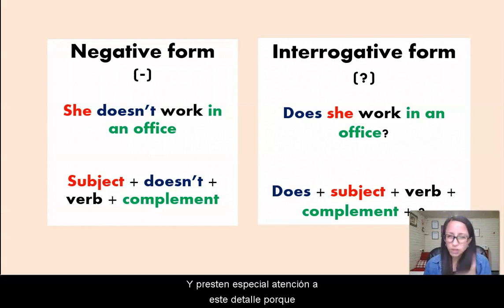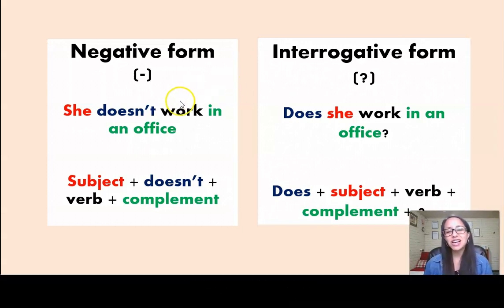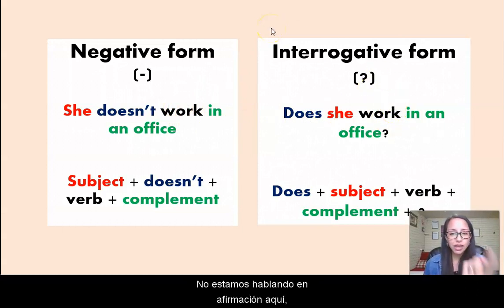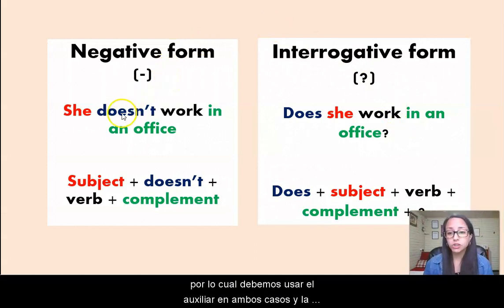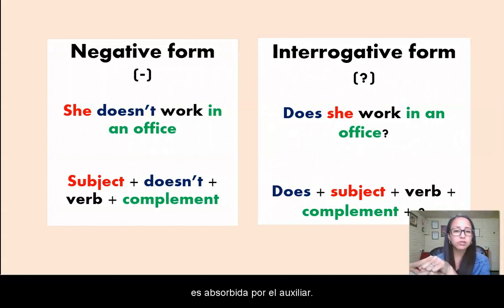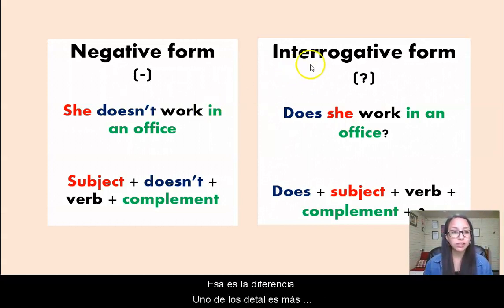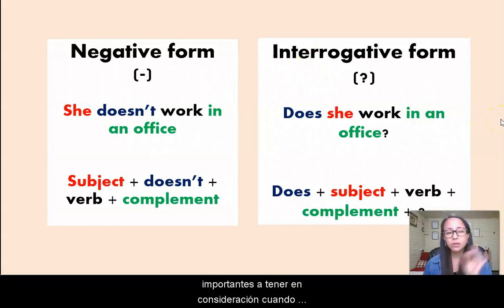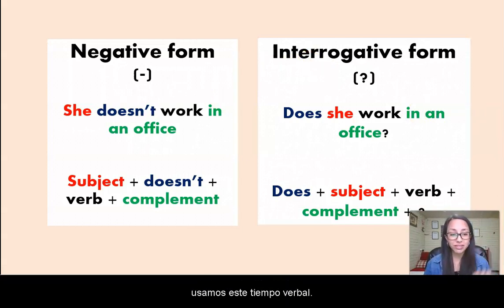And pay special attention to this detail because the verb doesn't have letter S. We are not talking in affirmative form here, therefore we must use the auxiliary in both cases. And the S that was supposed to go in the verb was absorbed by the auxiliary. So that's the difference. And that's a very important detail, one of the most important things that you have to take into account when talking about this sentence.